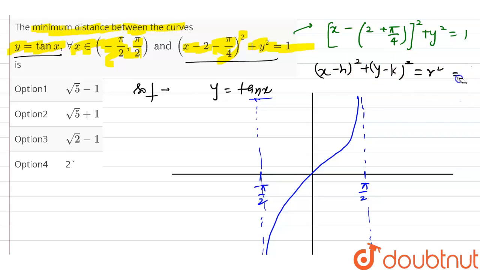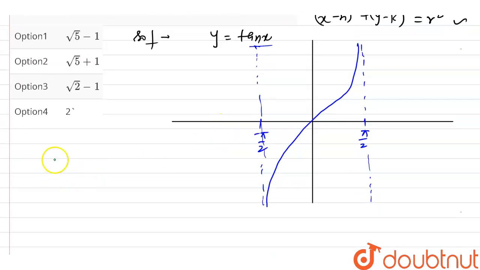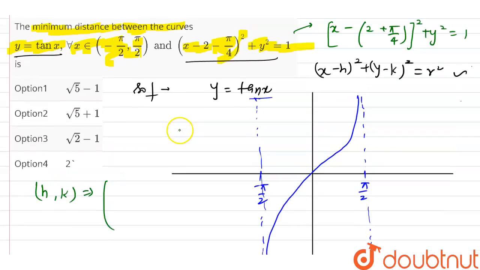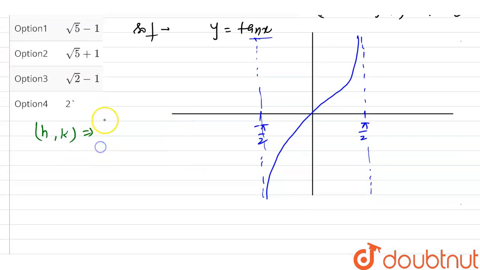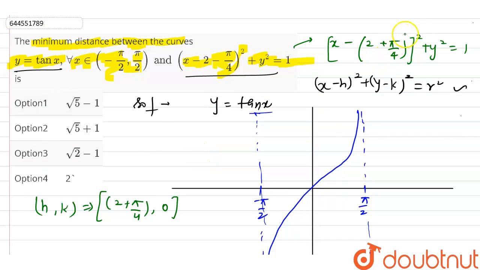By comparing this with the given equation, you can see that h comma k, which is my center, is 2 plus pi by 4 comma 0, because here we have y minus 0.